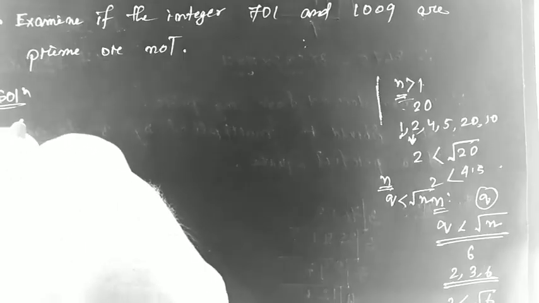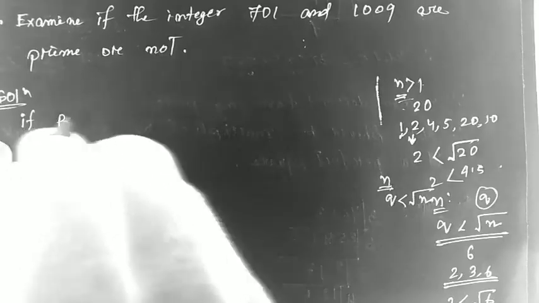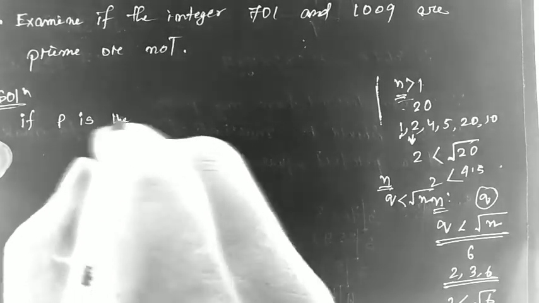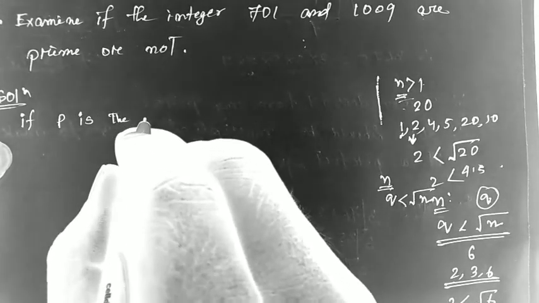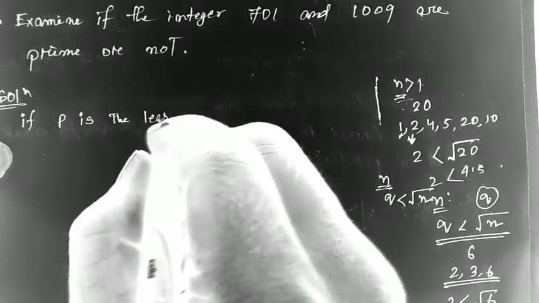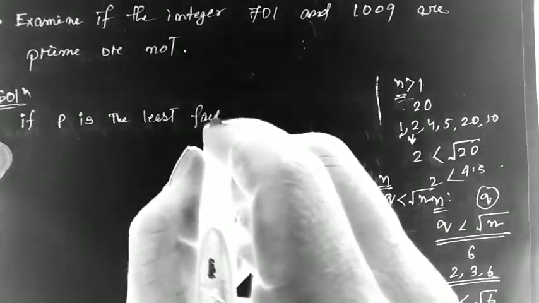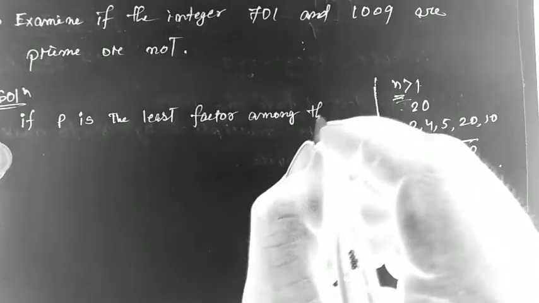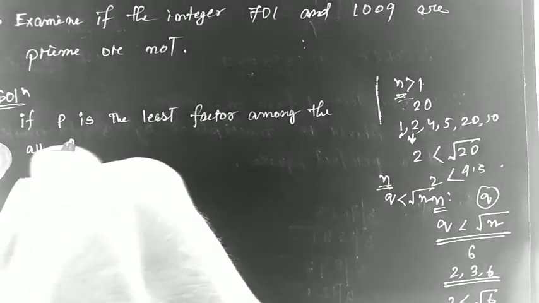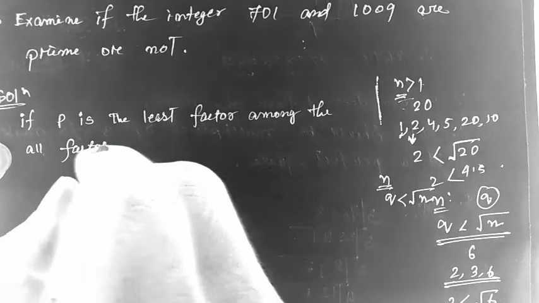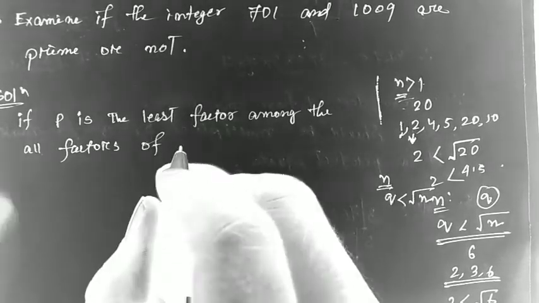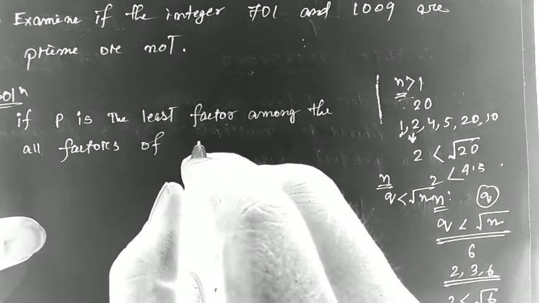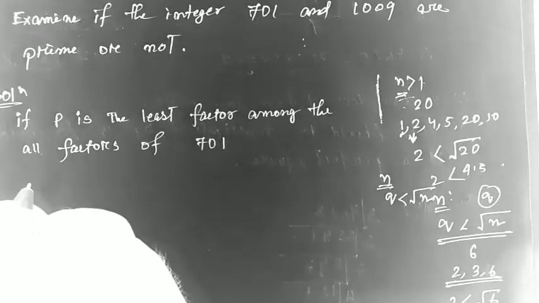So let p be the least factor among all the factors of 701.